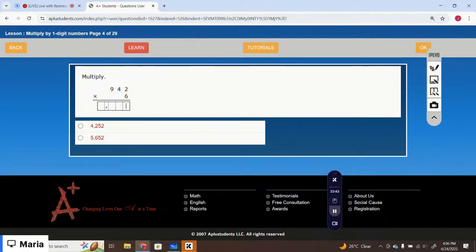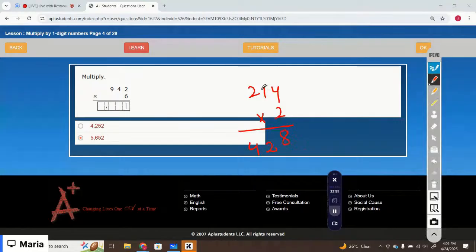That is 5,652. 942 times 6. 6 times 2 is 12, carry 1. 6 times 4 is 24 and 1, 25, write 5 carry 2. 6 times 9 is 54 and 2, 56.